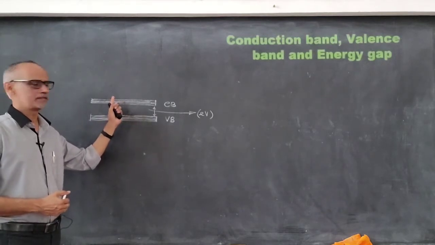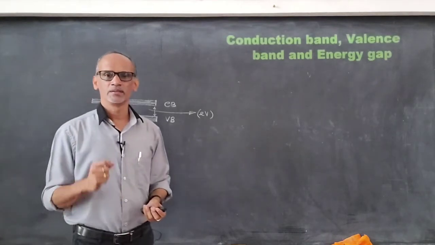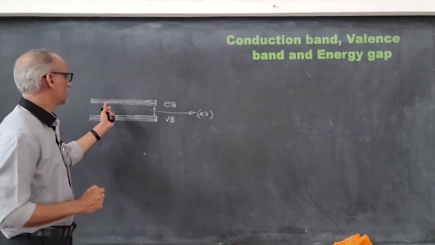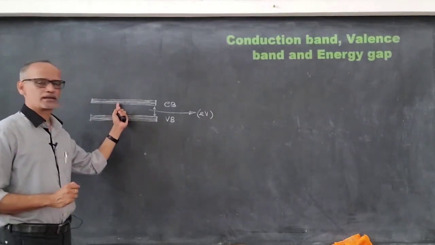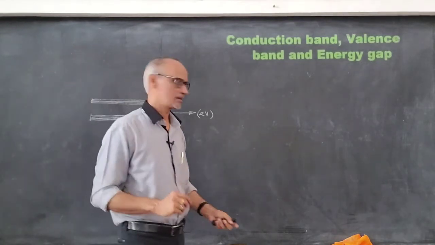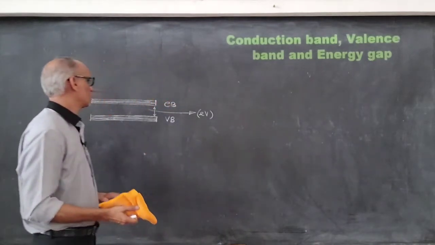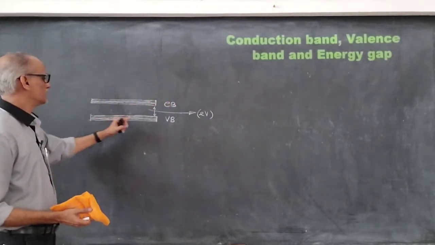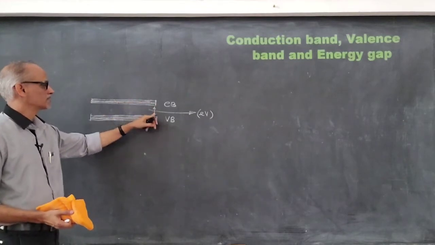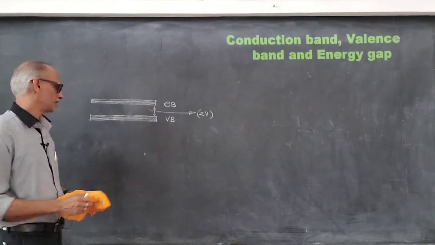The greater the number of electrons in the conduction band, the more is its conductivity, which means in the case of insulators, the availability of electrons in the conduction band is 0, because an insulator does not conduct. So, therefore, these are the three types of energies: one is the valence band, the other is the conduction band, and the other is the energy gap. It is also called the forbidden energy band.